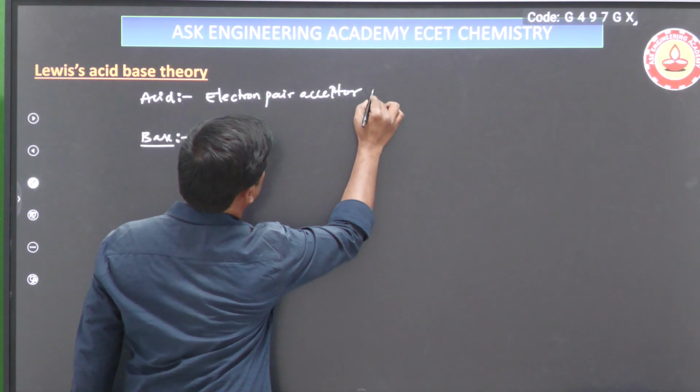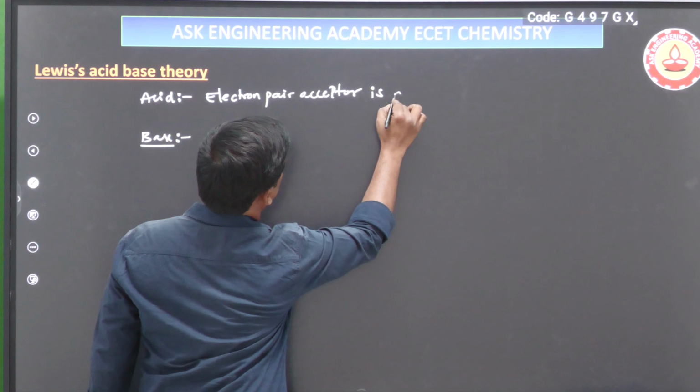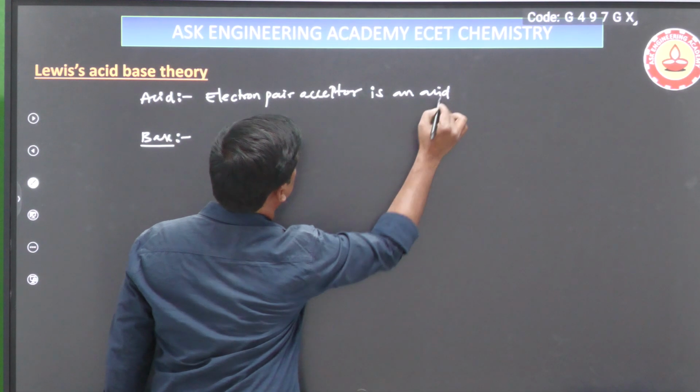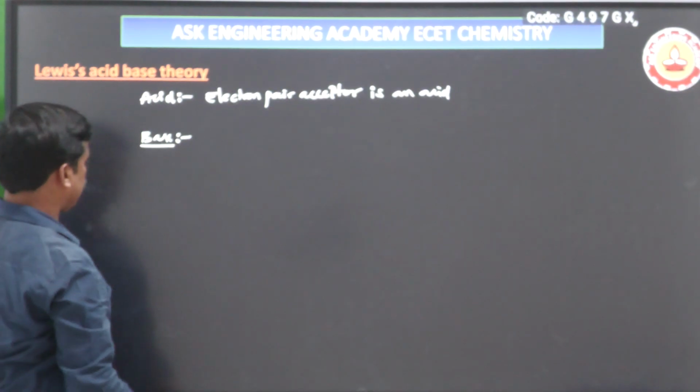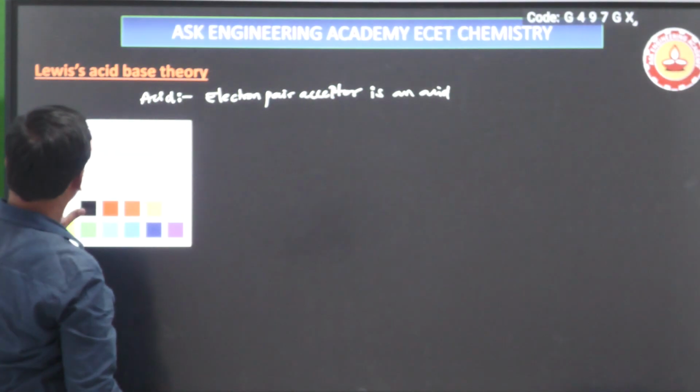Electron pair acceptor is an acid. Electron pair acceptor is an acid.